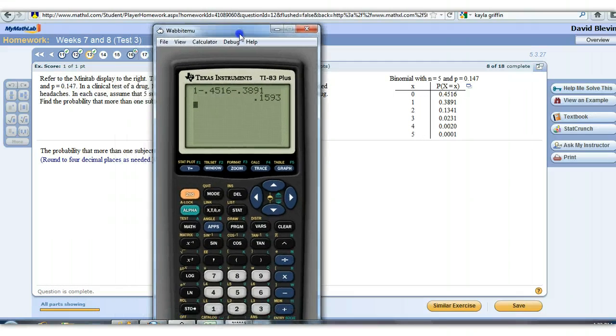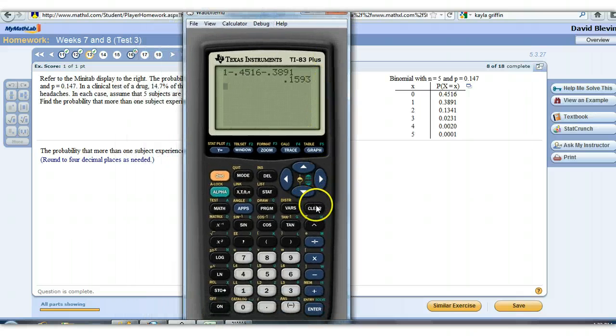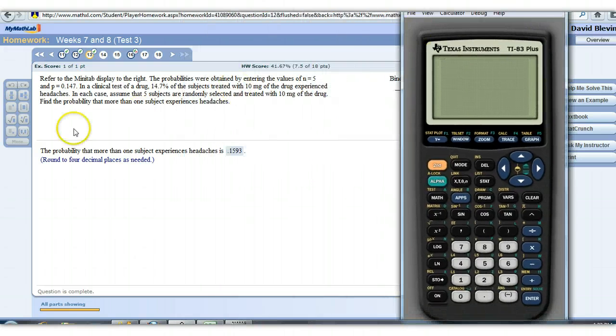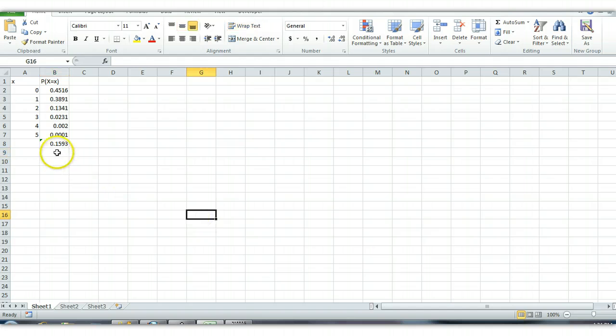Just how do we go about doing that? Alright, the other thing that would do this for us is the CDF. When we see things, find the probability more than one. If it's not exactly equal to something, that's the job of the CDF. Alright, and the way that I do these CDF problems, let me delete this out of here, is I think of, alright, what is satisfying this event?